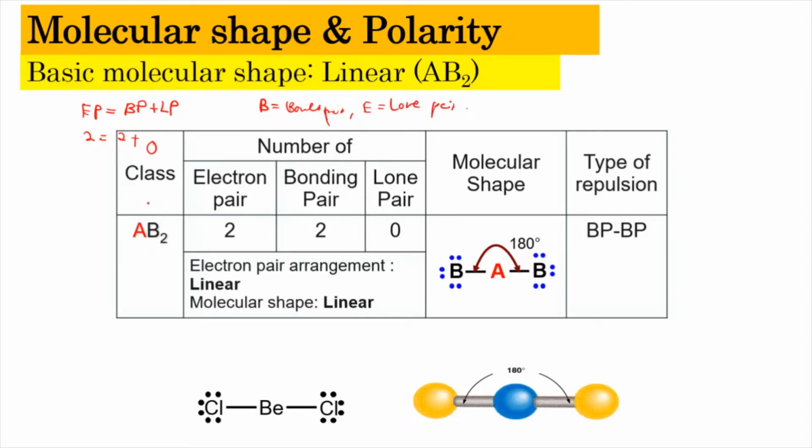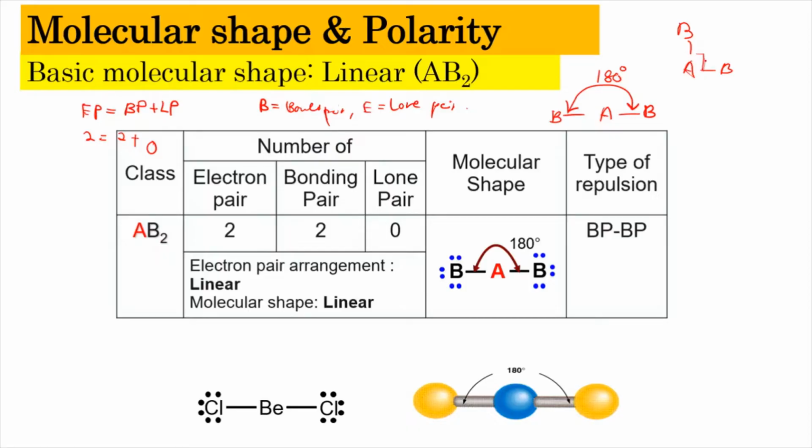Okay, and as you can see here, which is the linear AB2, the way that we can minimize the repulsion is by putting the two terminal atoms far away from one another. And as a result, you're going to have an angle of 180 degrees. You cannot put it like this because it's going to be very, very close together, and this is causing too much constraint.